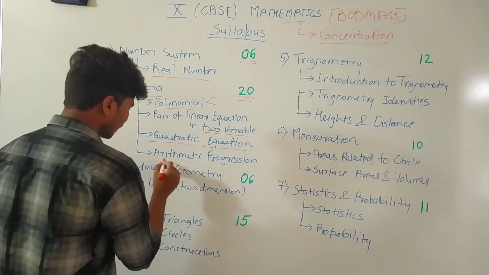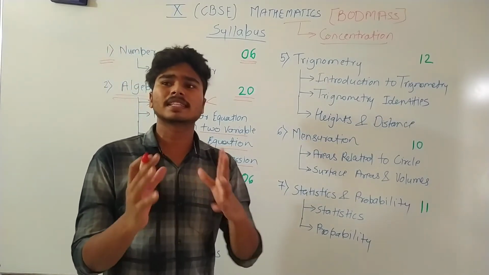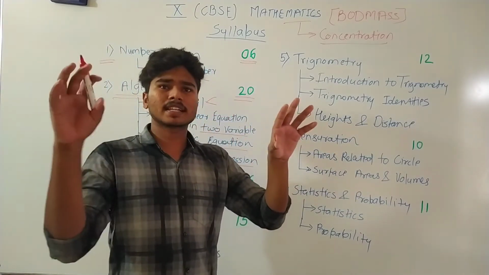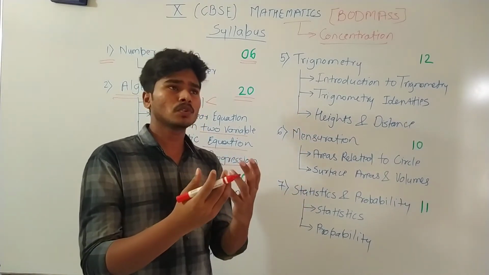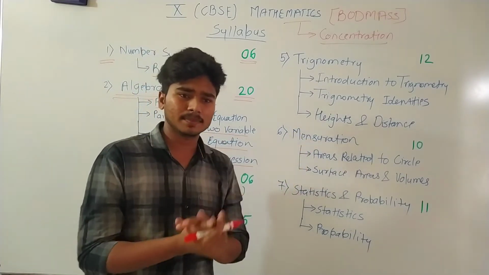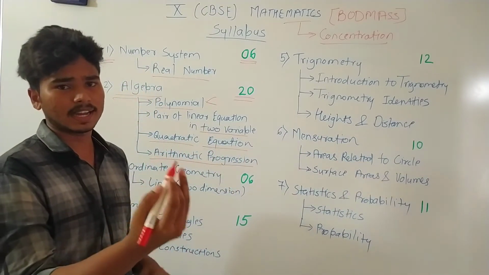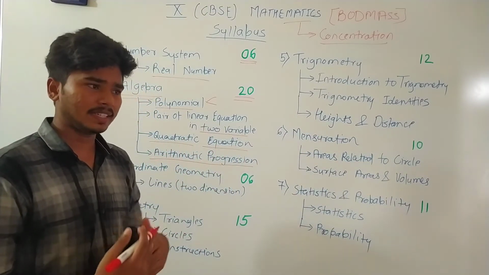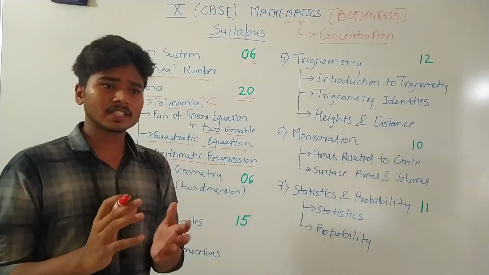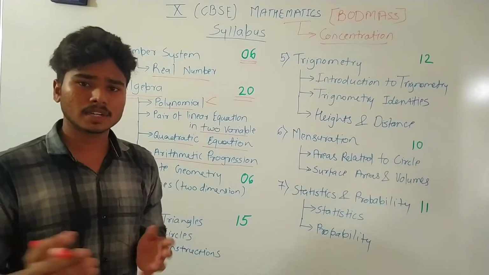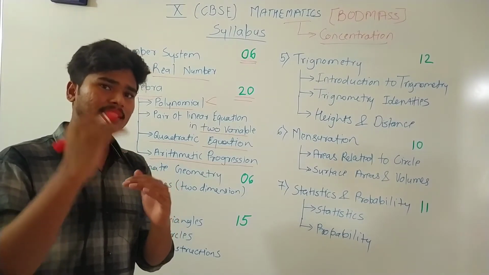Then arithmetic progression is there. In arithmetic progression, you look at some series. Progression is nothing but a series, and arithmetic means we are going to find the nth element of the series. Like if we are given the series 1, 2, 3, 4, 5 and asked to find its 100th element or 1000th element, it is easy: the 100th element is 100 and the 1000th element is 1000.